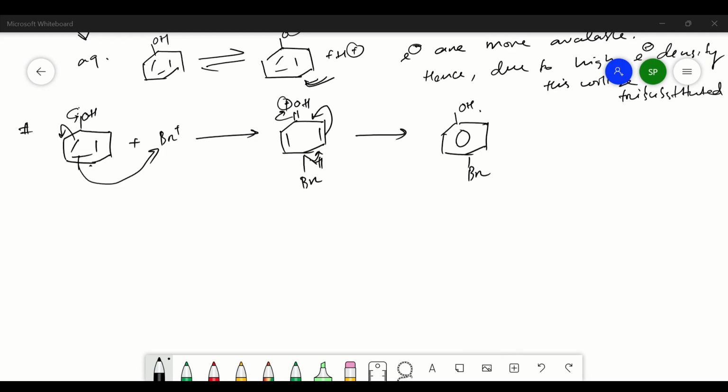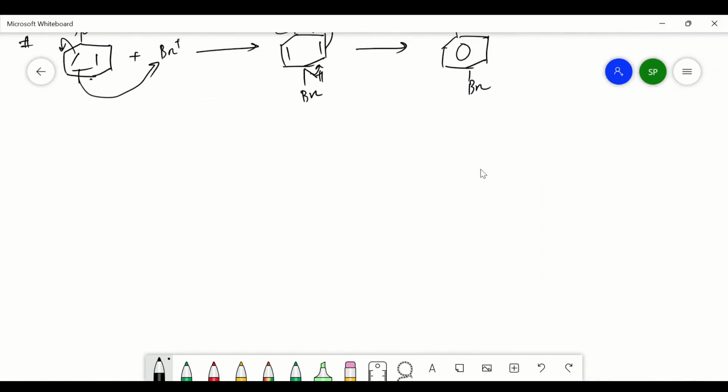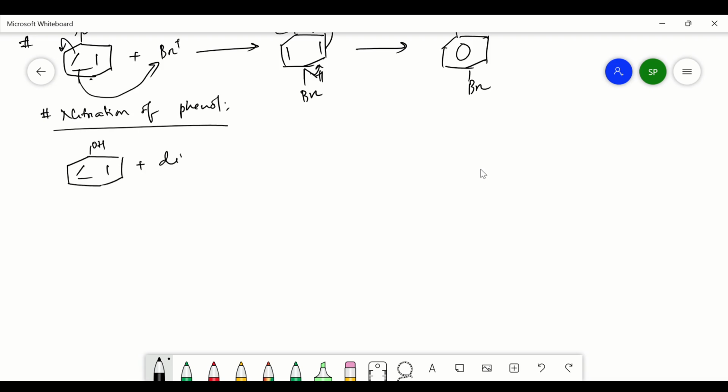Next we will see nitration of phenol. For nitration of phenol, we react phenol with dilute HNO3, or nitric acid, to form ortho-substituted plus para-substituted products, ortho-nitrophenol and para-nitrophenol.